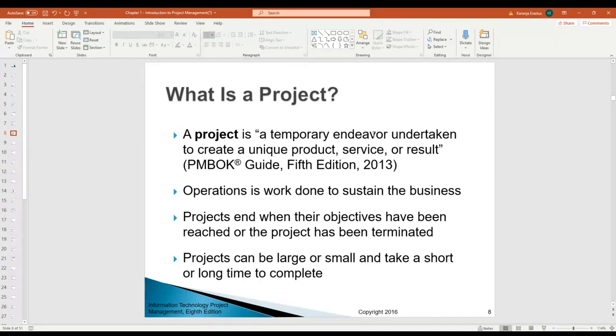And yet we know that a project can take how long? How long do you think is the longest project? Give me a number. How many years? 5 years? Okay, somebody else? 25 years?